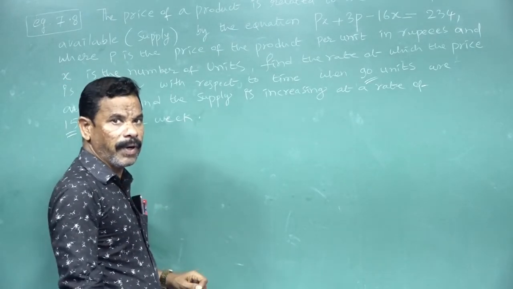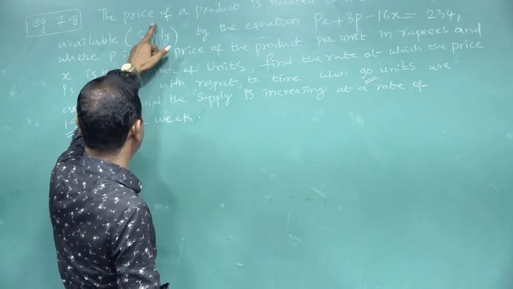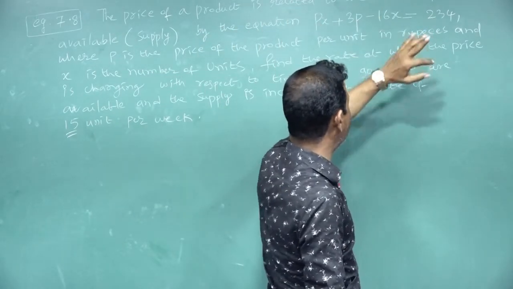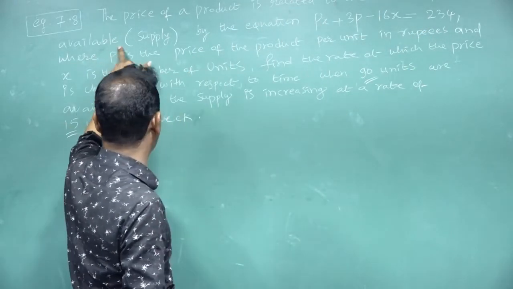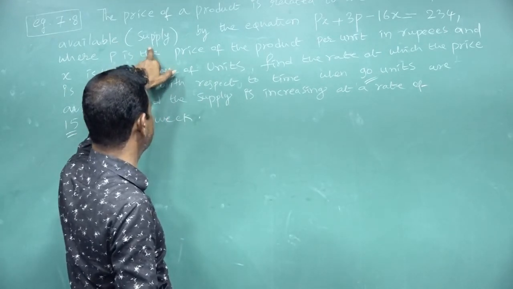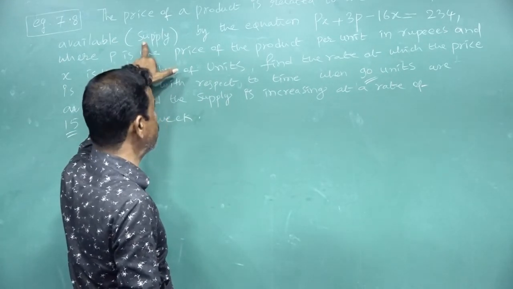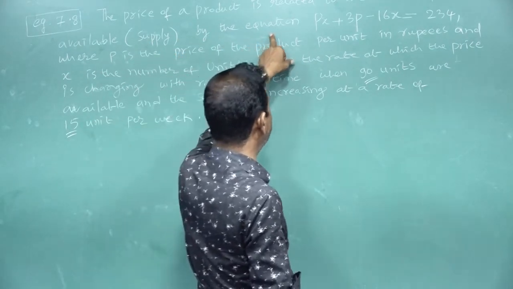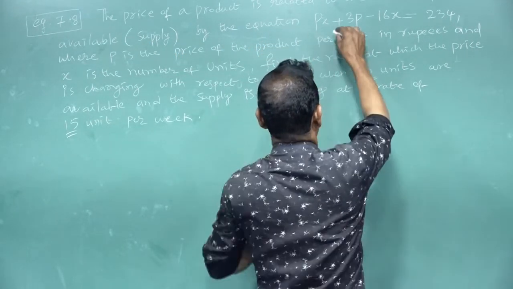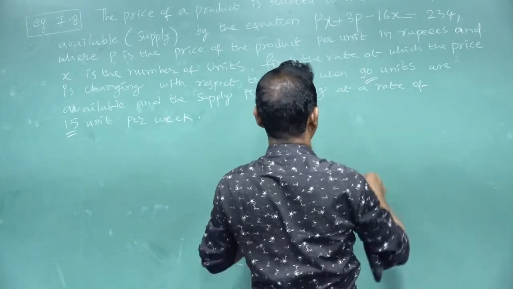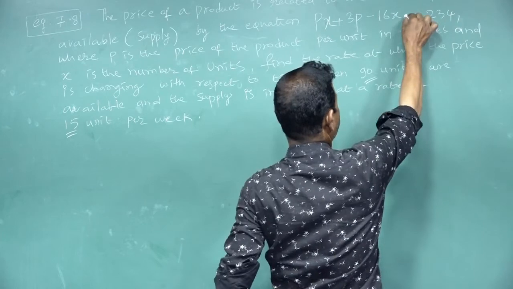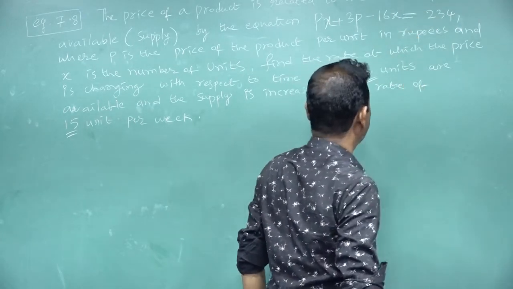Next, example 7.8. The price of a product is related to the number of units available. Available means supply here. The supply in units is given by the equation px + 3p − 16x = 234.